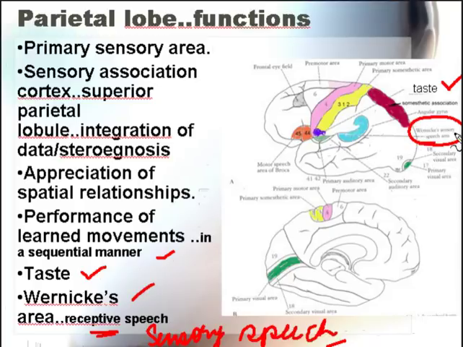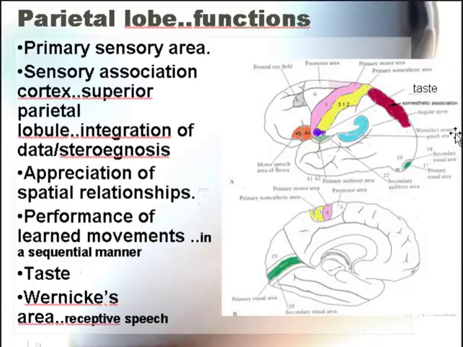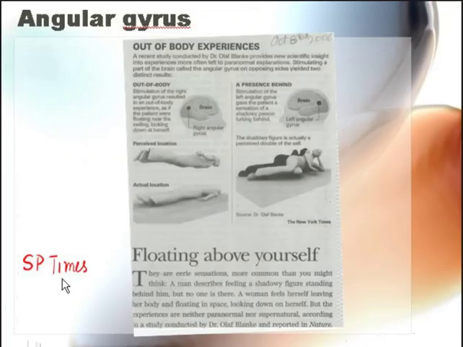And just to show you a little article which appeared in the paper some time ago, this was about the angular gyrus, and it shows you the out of body experience that you have when you stimulate the different angular gyri. When you stimulate the angular gyrus on the right side, it looks like you have a total out of body experience.